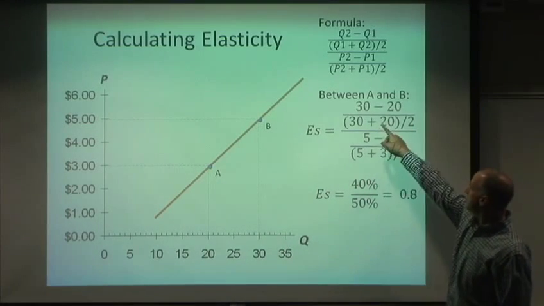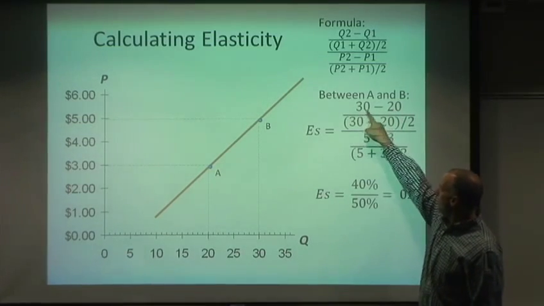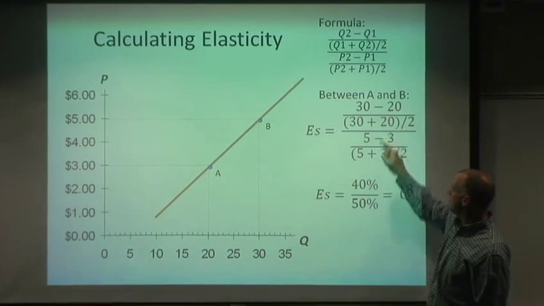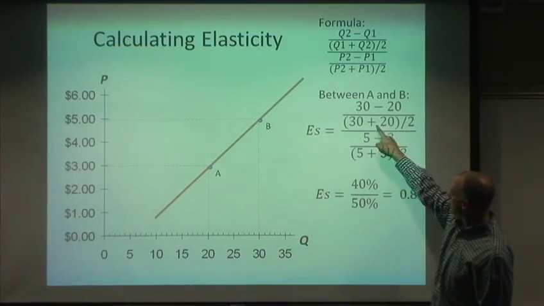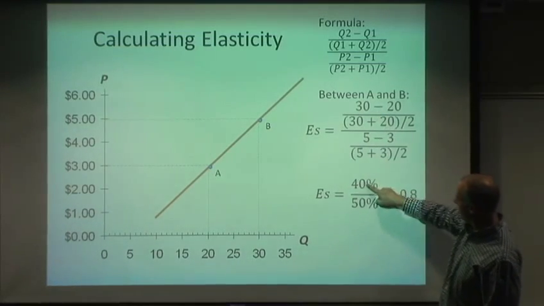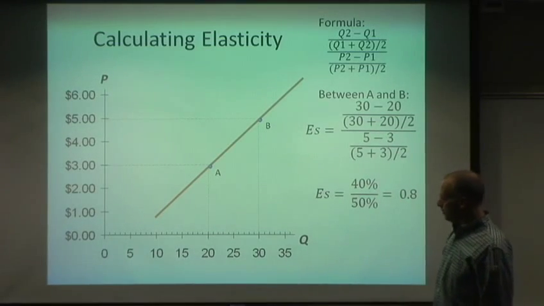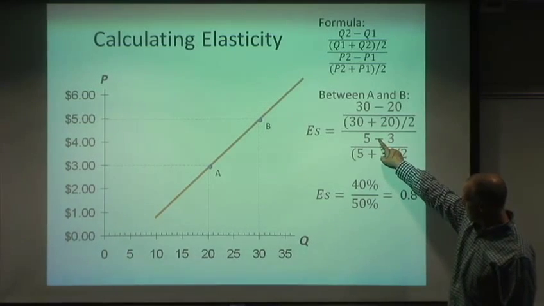The elasticity of supply: the change in quantity, 30 minus 20, the ending quantity minus the starting quantity. This is going to be an increase of 10 units, divided by the average, 30 plus 20 divided by 2, which is 25. So 10 over 25 is 40%. We've had a 40% increase in quantity by applying this formula. Compare this to the denominator, the price.